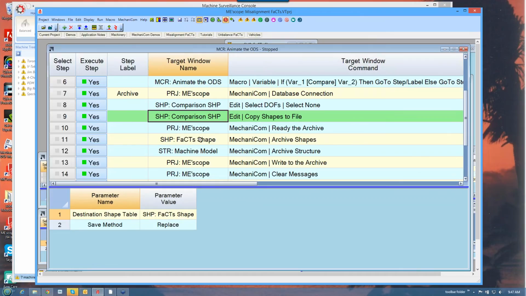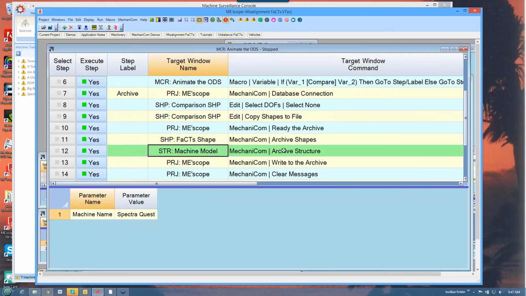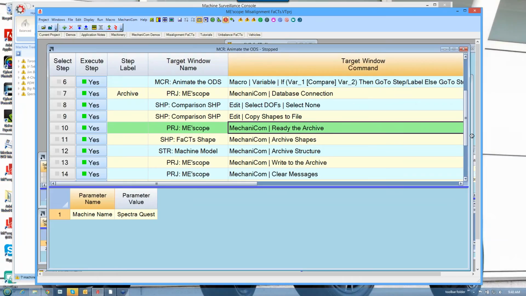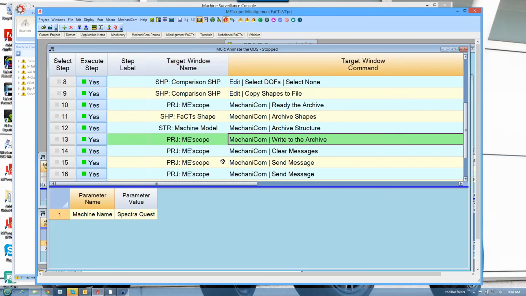So that's the one that's going into the database, and the machine model is going to get archived in there also. Ready the archive is an instruction from Emiscope to the database to tell it, get ready to receive some data from me, and then down here it's saying to the database, receive this data.